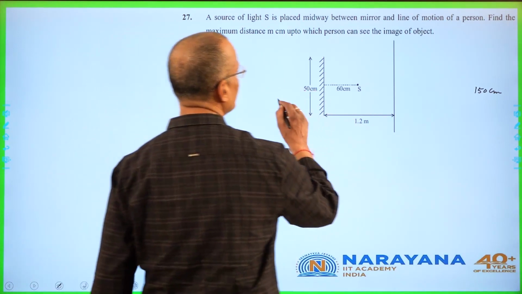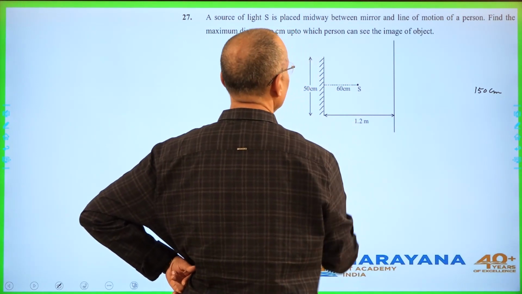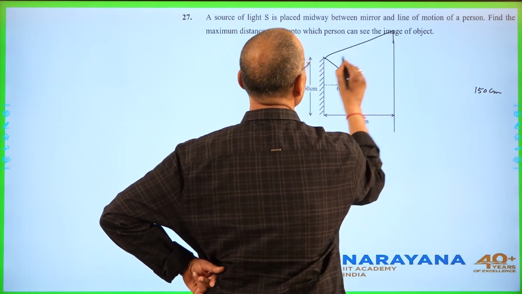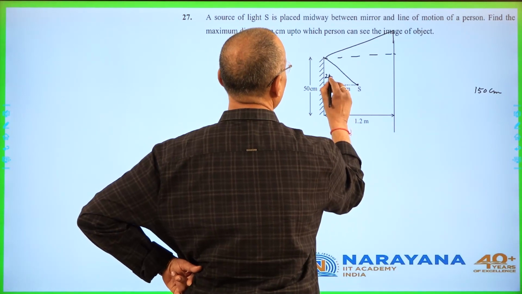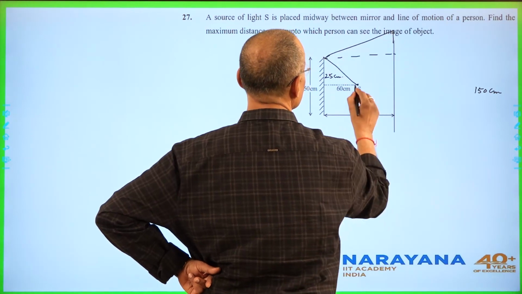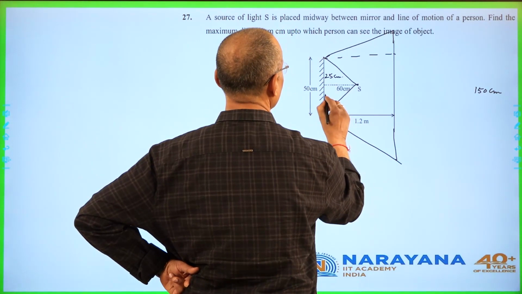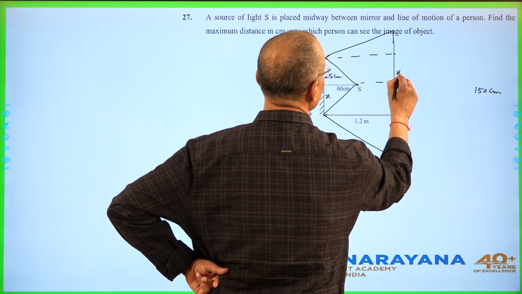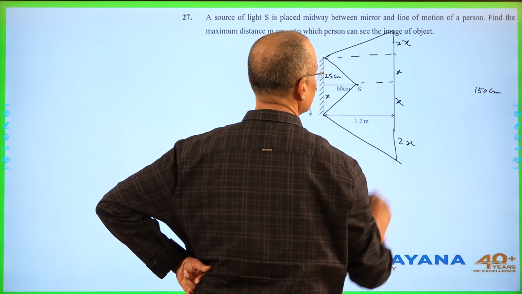Okay, it is kept in the middle. So if you take this, from here it will go to the end, it will move here. If you take like this is 25 centimeter. If I am taking it as x and this x, so if you take here, this will be x, here it will be 2x, this is x, this will become 2x.